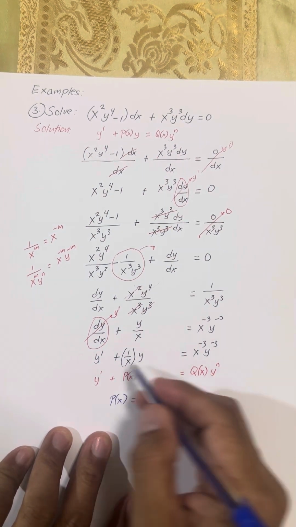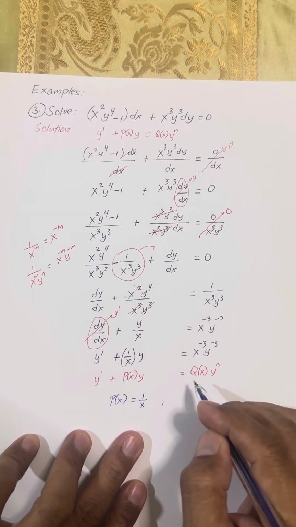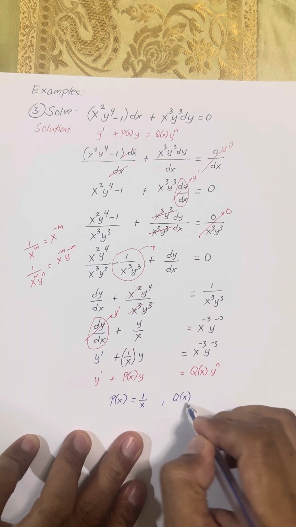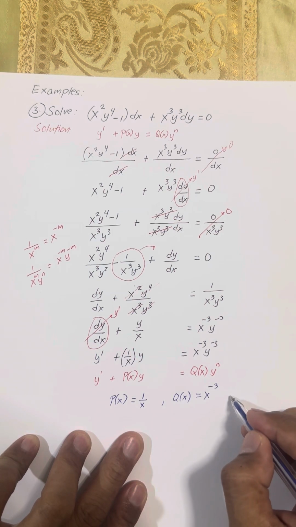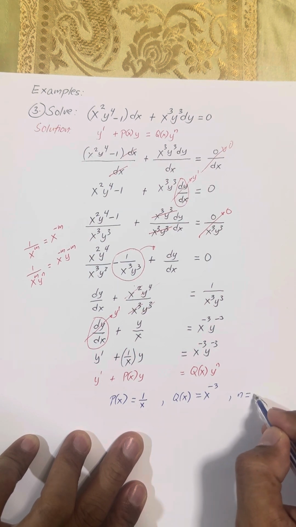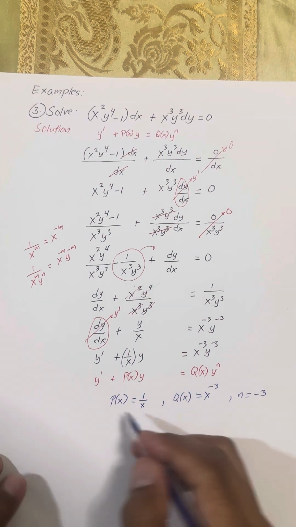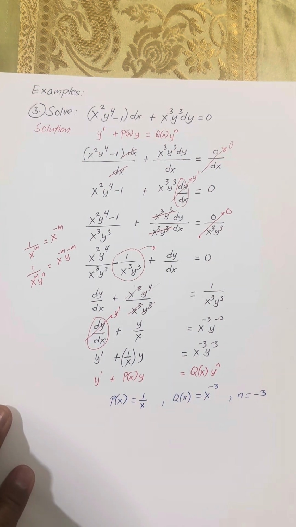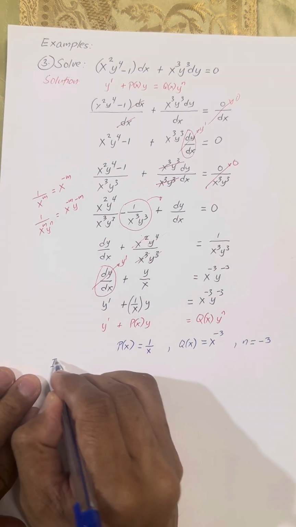So this is indeed a Bernoulli equation. And q of x is simply equal to x to the minus 3, and n is equal to negative 3.